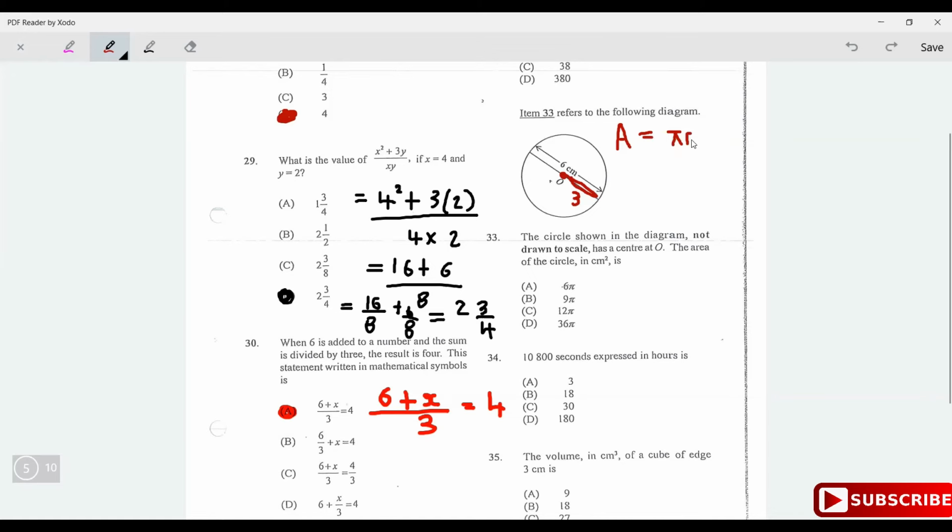So r is 3, 3 squared is 9, and the area is 9 pi. Nice and easy. Option B.